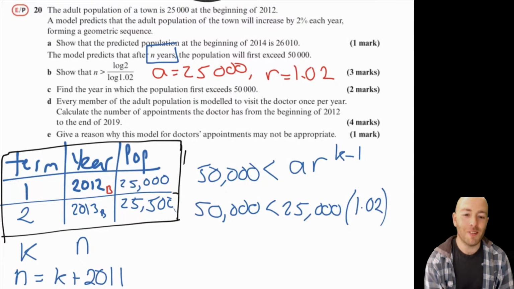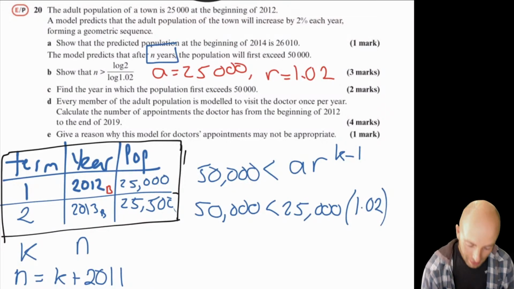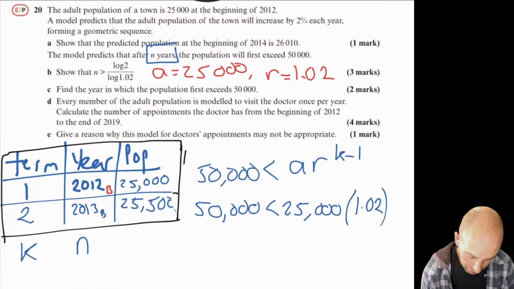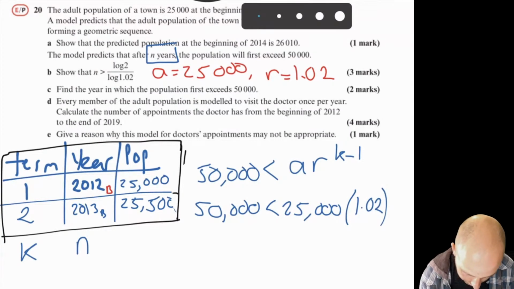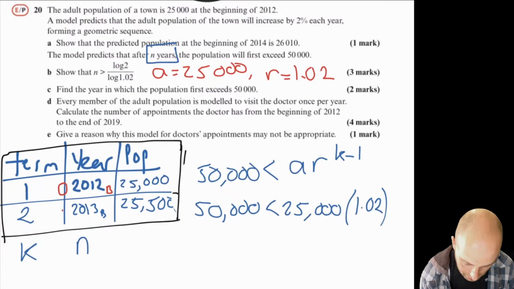Actually, okay, I've done something a bit more complicated here. Get rid of that little equation at the bottom. They're not asking for what year, they're asking for after how many years. So, alright, so term 1 is after 0 years, term 2 is after 1 year.